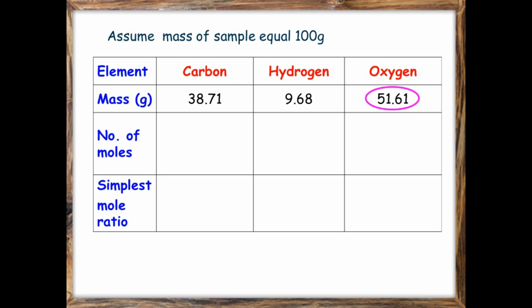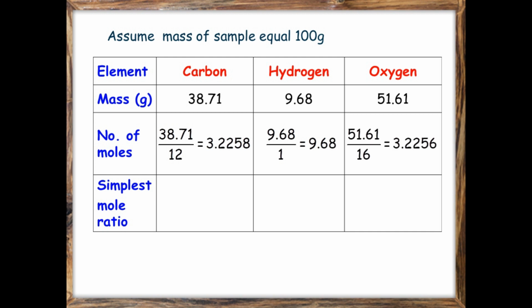Next, calculate the number of mole by using the formula mass in gram divided by molar mass. Therefore, the number of mole of carbon is 3.2258 mole, number of mole of hydrogen is 9.68 mole, and the number of mole of oxygen is 3.2256 mole. Finally, find the simplest mole ratio by each number of mole divided by the smallest number of mole.